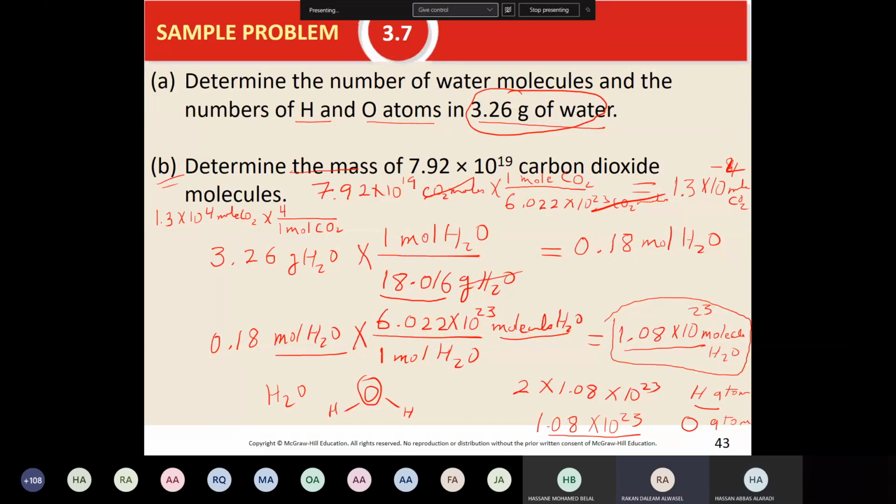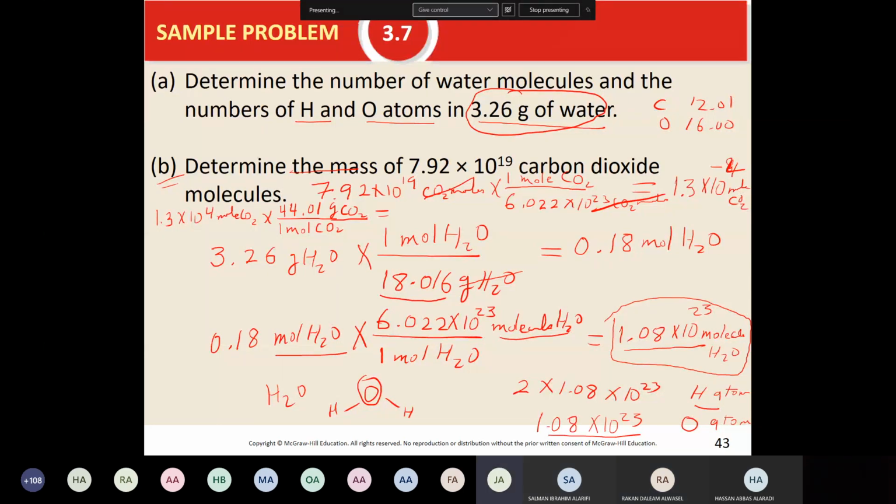Carbon is 12.01 and oxygen is 16.00. Don't forget this. So what should I write here? 44. Gram what? Don't forget to write the whole name. Gram CO2. Okay, and give me the answer.